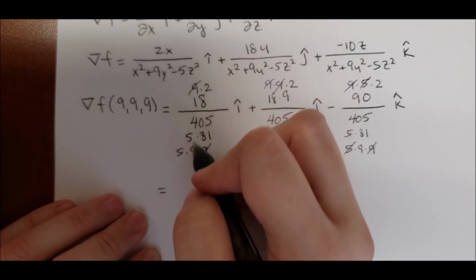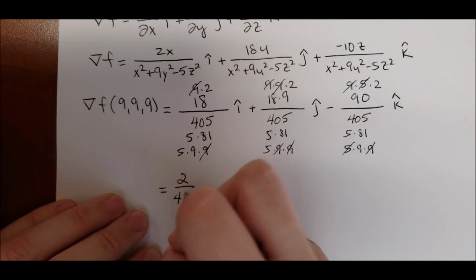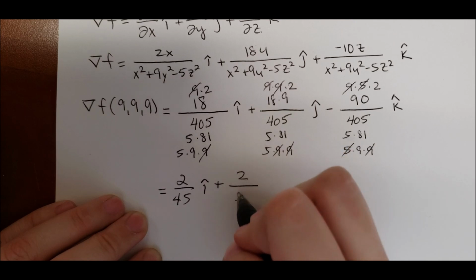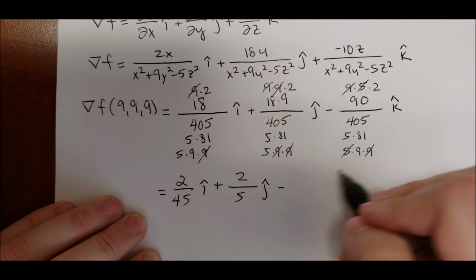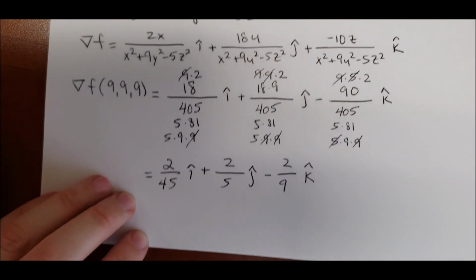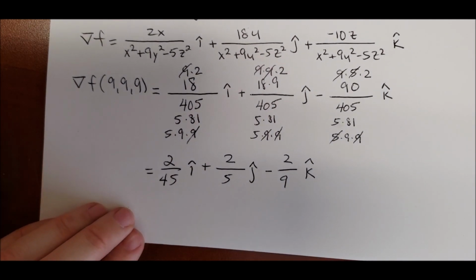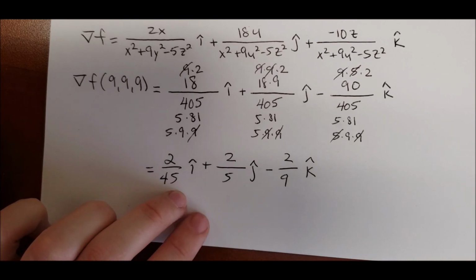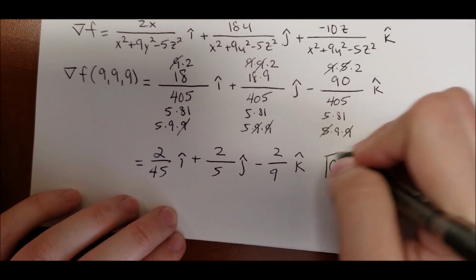So I'm left with 2 over 45i, 2 over 5j, 2 over 9k. Which is C.